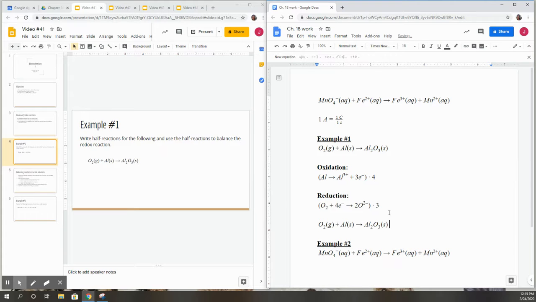For my overall final answer, I put this 3 here and a 4 here. That part's pretty easy for most of you. But then I need to have 3 times 2, 6 oxygens, and 4 times 1, 4 aluminums. So I put a 2 in front here such that my equation is balanced.